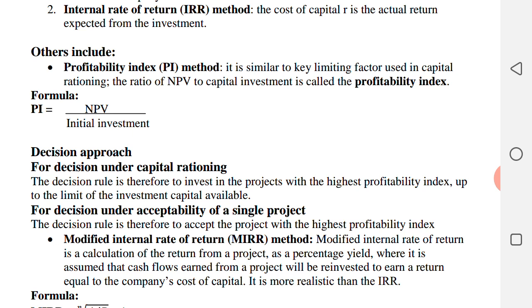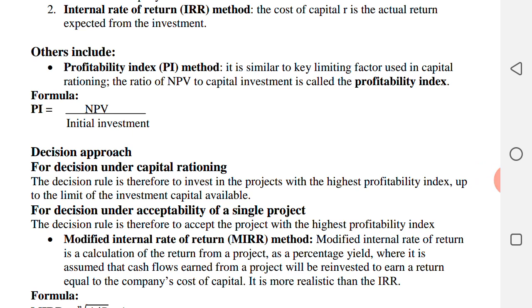That means if the company has different capital investments and has a constraint, maybe they have 5 major capital investments they want to embark on, but the constraint is that they don't have enough capital to invest in all 5.